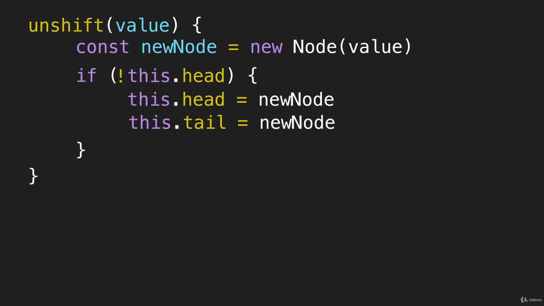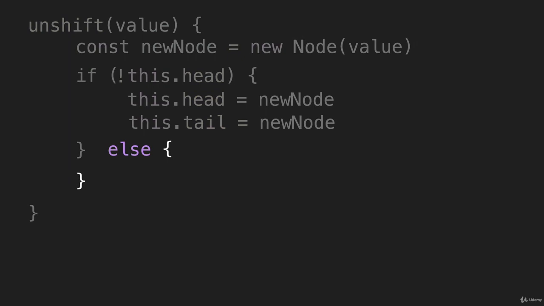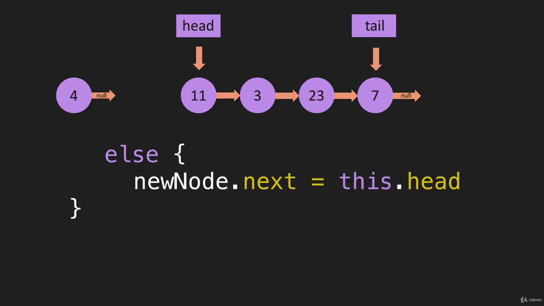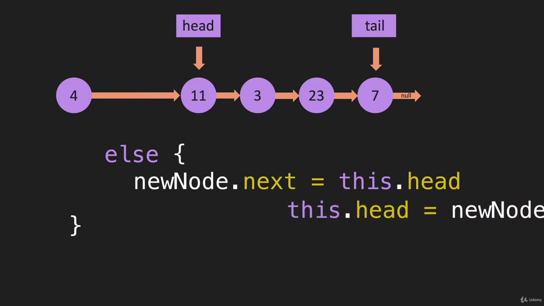So our other option is that we are putting this into a linked list that already has items. So we're going to say else, and let's build out this else statement like this. Else new node.next equals this.head. And that points that at that first item in the linked list.